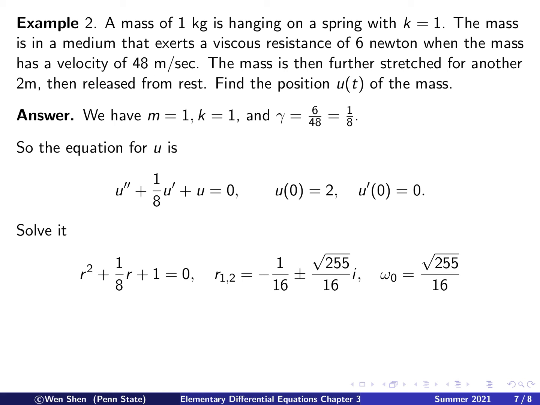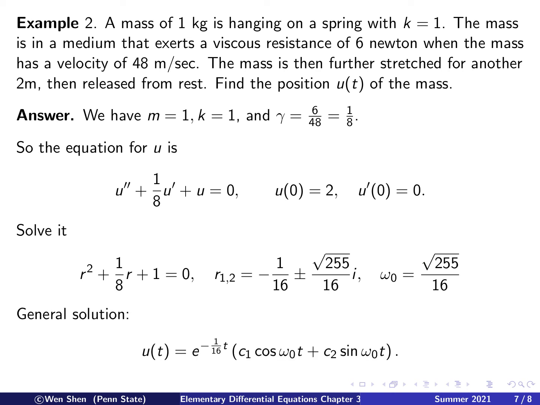They are complex. r 1,2 is -1/16 plus or minus square root of 255 over 16 times i, where i is the imaginary number. And then we know the term in front of the imaginary number will be the term in front of t in sine and cosine, and let's call this omega naught, and that is the system frequency.